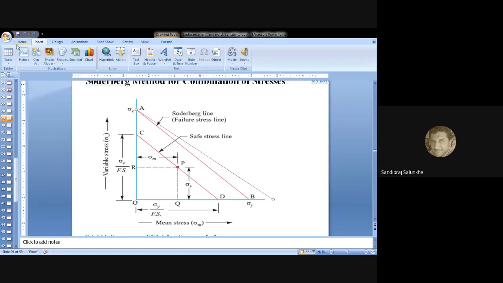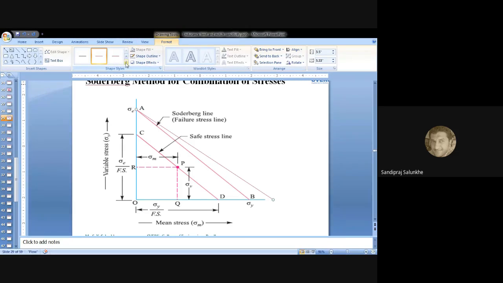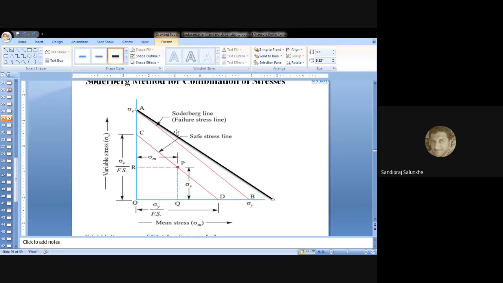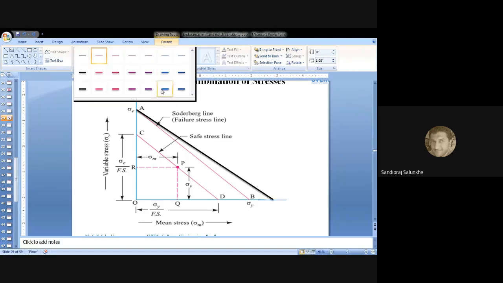If I draw one line, which will be basically up to the x-axis on which we have mentioned the mean stress, and up to that, what will happen?